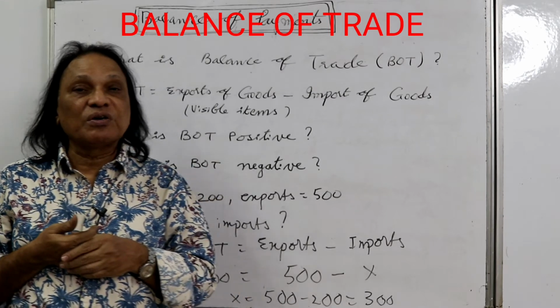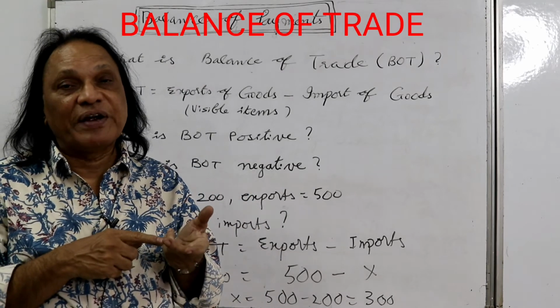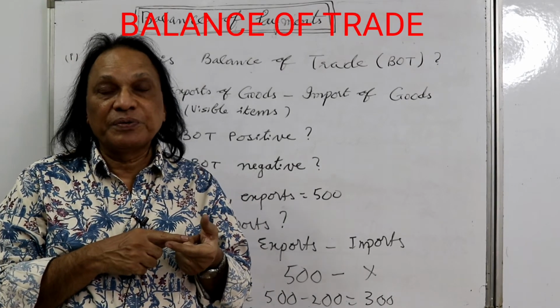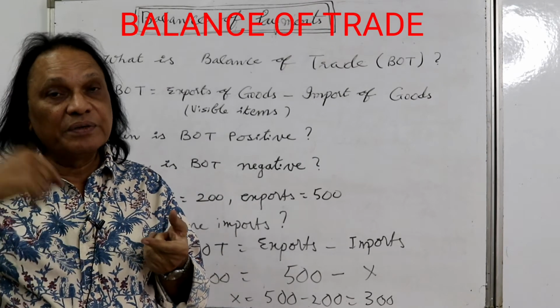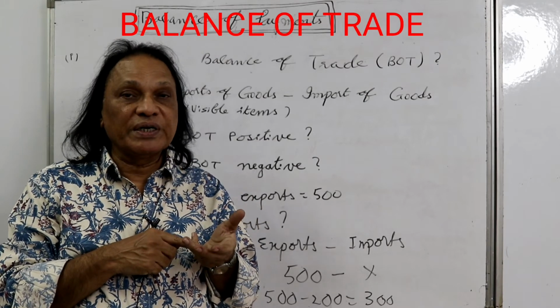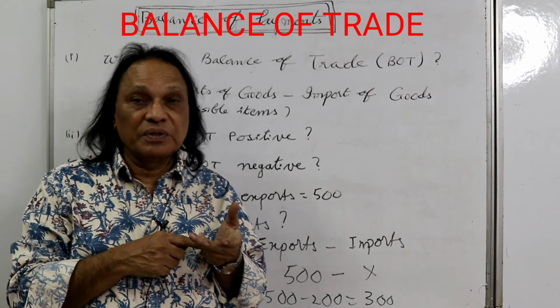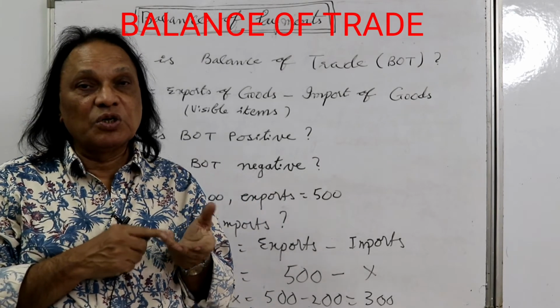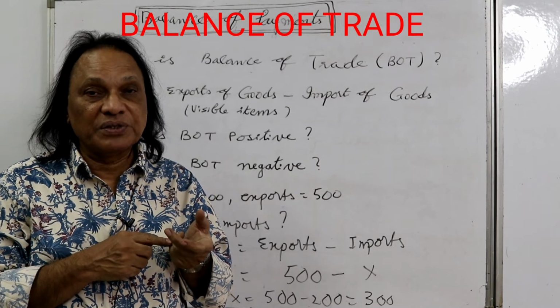India exports a lot of goods. India exports jute, we export cotton fabrics, we export iron ore to other countries. India imports lots of goods from other countries. Maybe we import a lot of electronic items, mobile phones, TVs, microwave ovens, a lot of things we import from other countries.